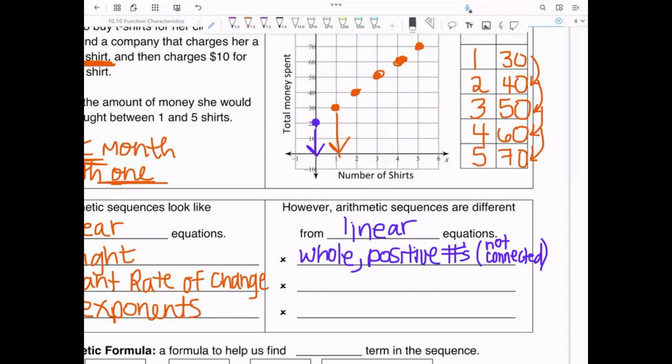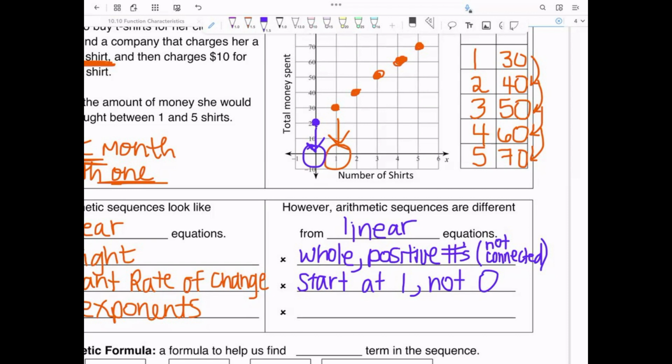With an arithmetic sequence, or any type of sequence, it's going to start at 1, whereas with the linear equation, we always started at the y-intercept, which is at 0. So arithmetic sequences are going to start at 1, not at the y-intercept, which is 0, right?